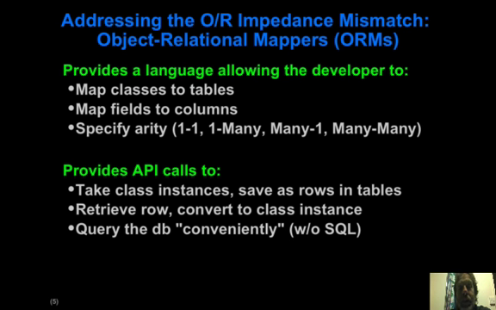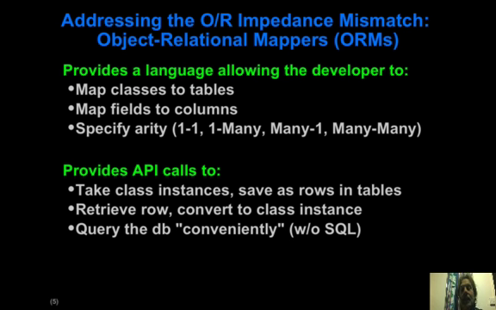So once you've annotated your Java classes with this specification of how they map to the relational database, these ORMs also provide convenient utility methods that enable you to persist objects or query the database for certain kinds of objects that satisfy criteria.